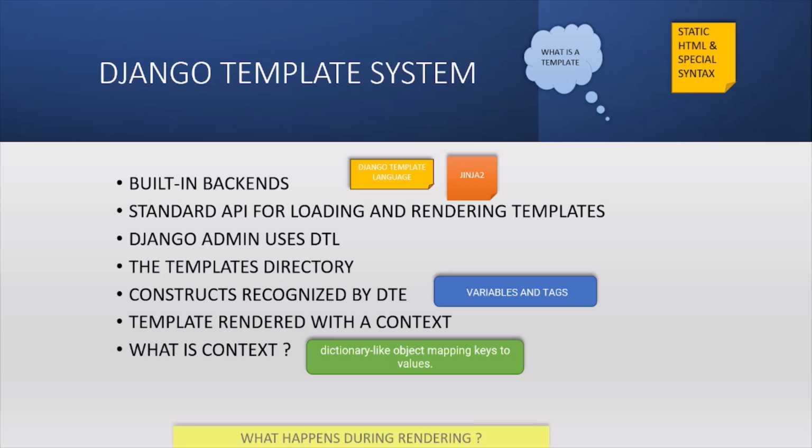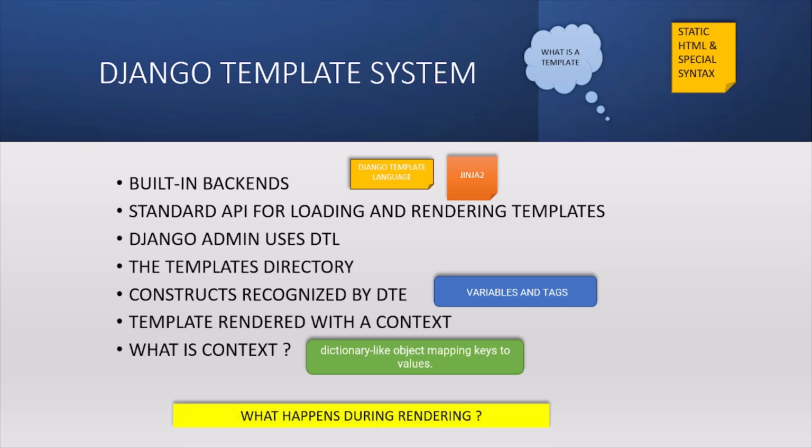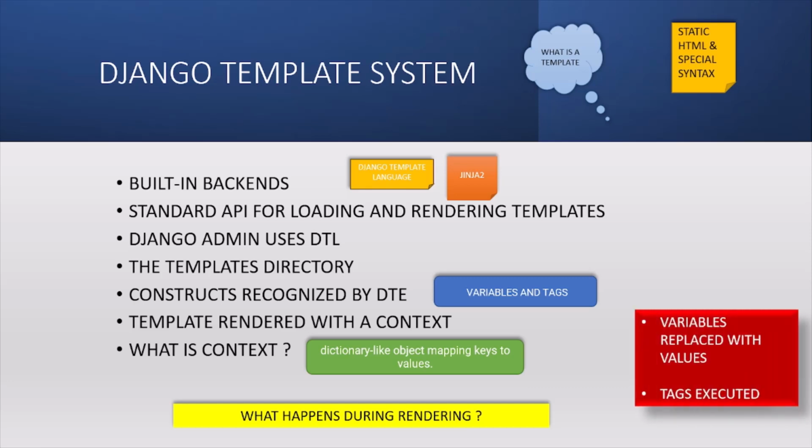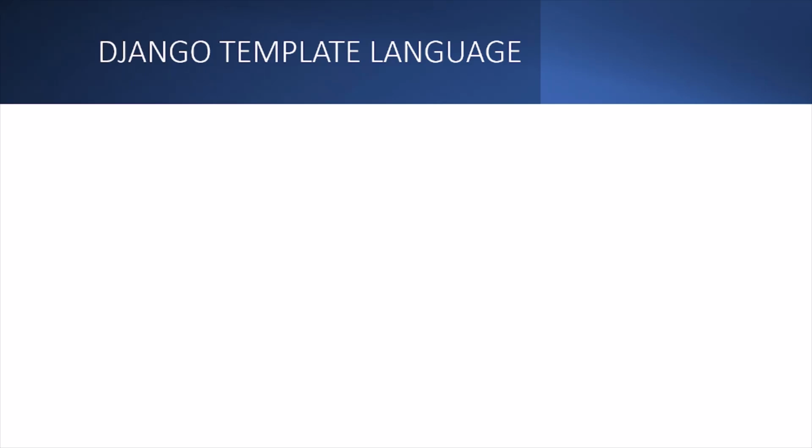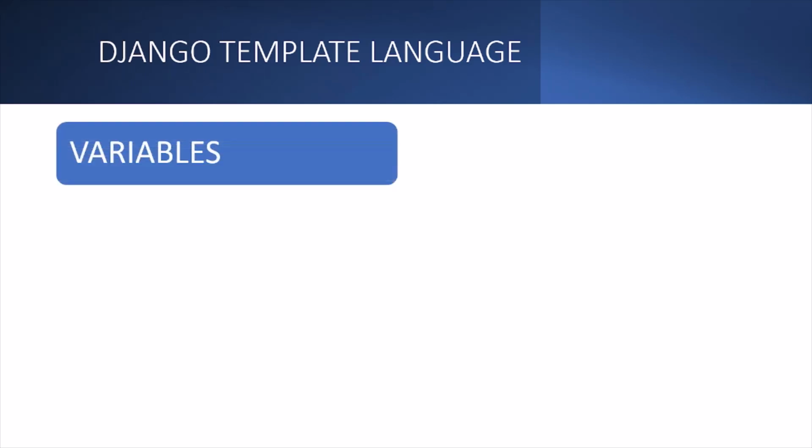So what happens during rendering? During rendering, variables are replaced with values and tags are executed. Now let's take a deeper look into these constructs recognized by the Django template engine. We have variables, which will output values from the context.